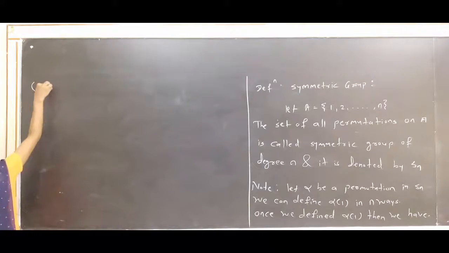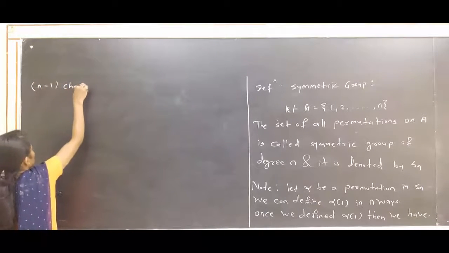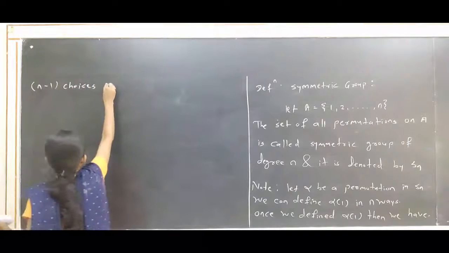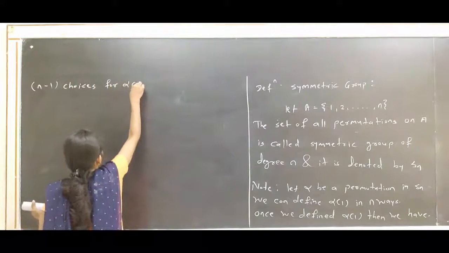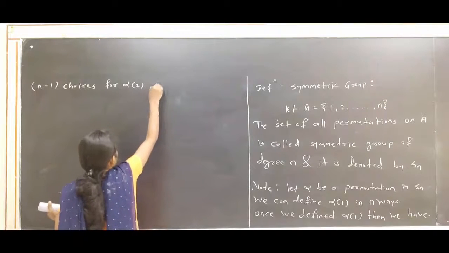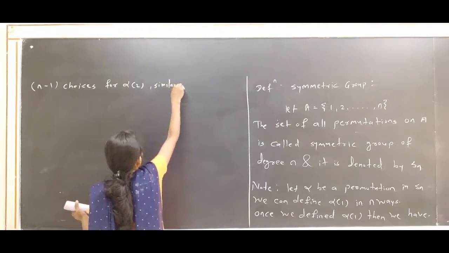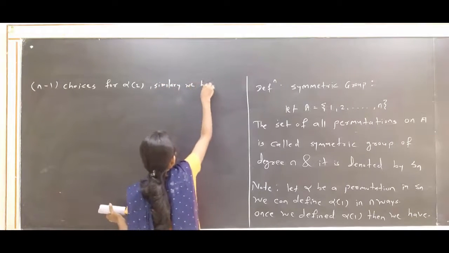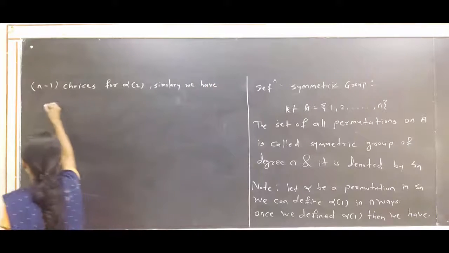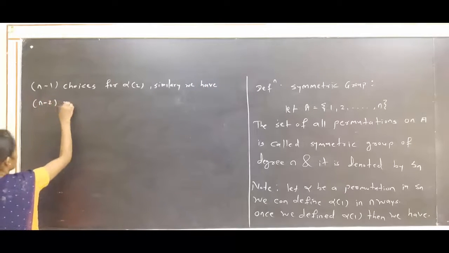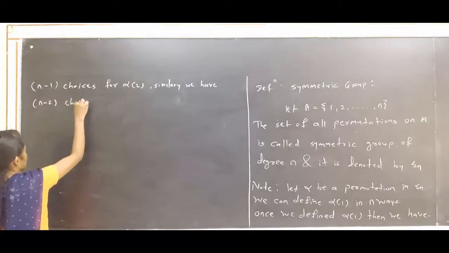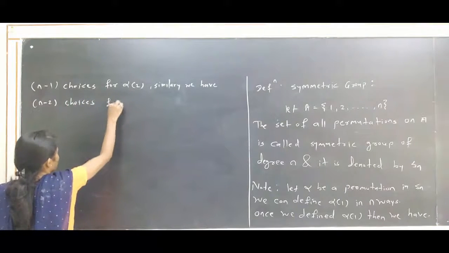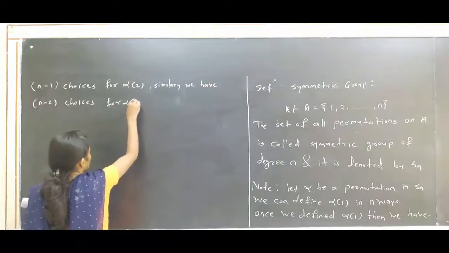N minus 1 choices for alpha of 2. Similarly, we have n minus 2 choices for alpha of 3.